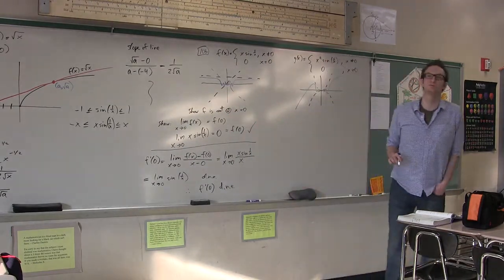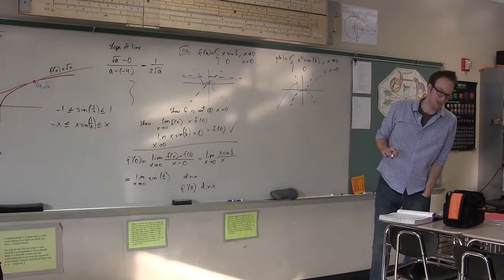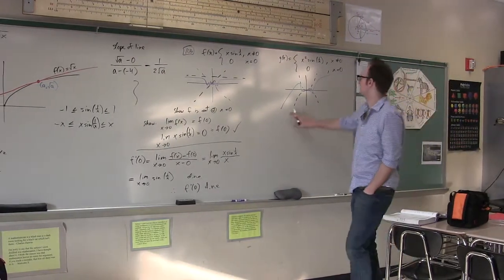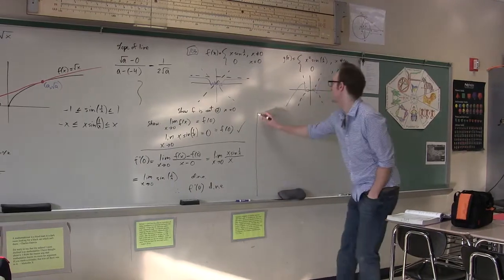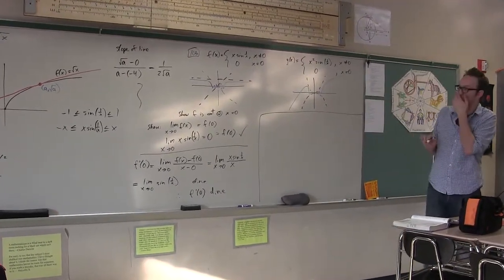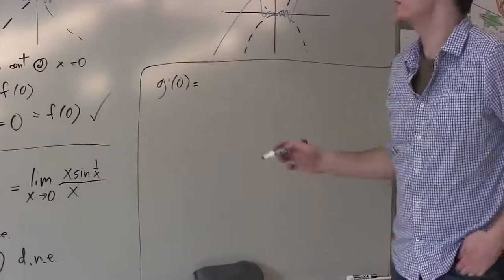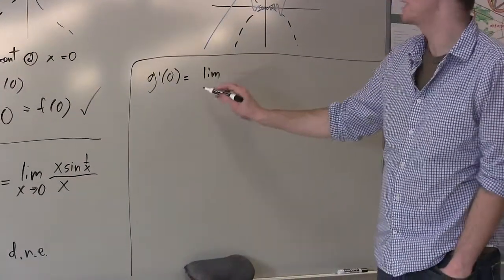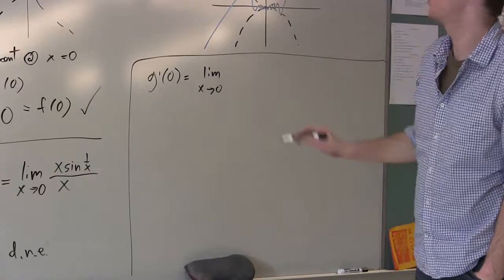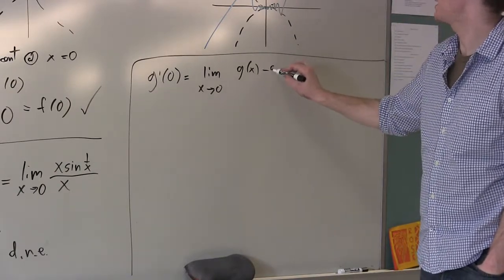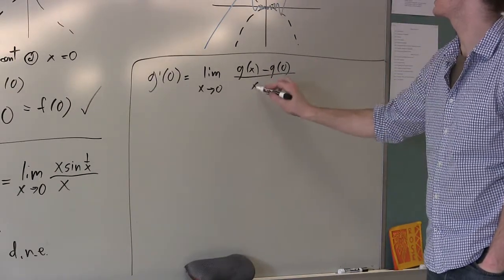Okay, should I do part 2? Part 2 is kind of similar. Part 2 says, but this g function is differentiable. What is g prime of 0? Well, again, using the definition of the derivative, it's the limit as x goes to 0 of g of x minus g of 0 over x minus 0.